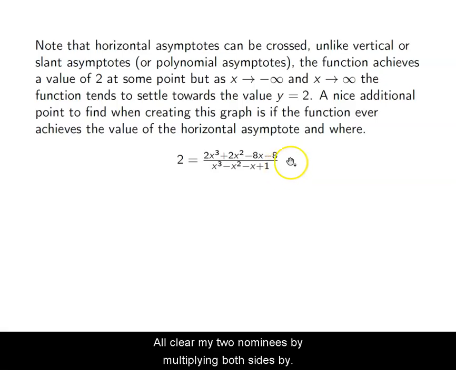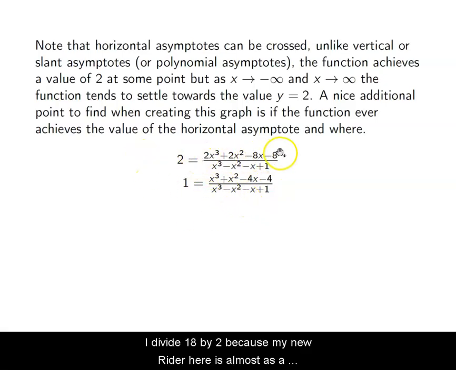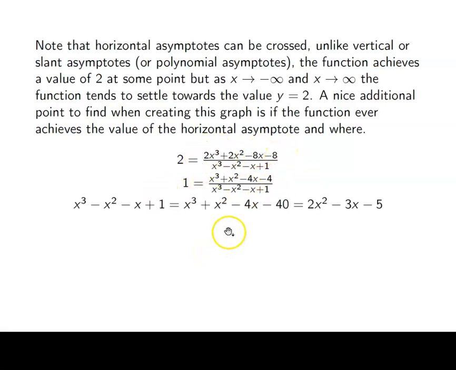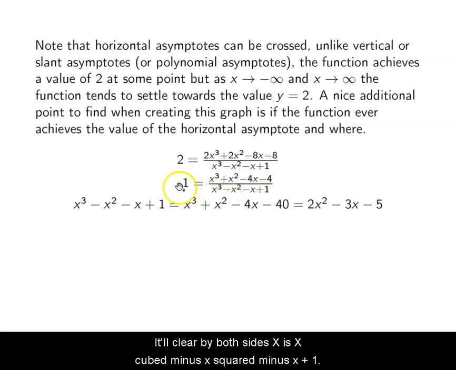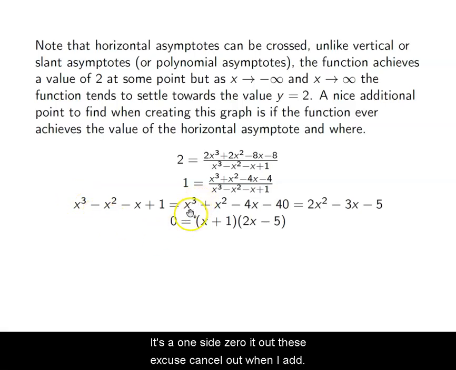I divided everything by 2 because my numerator here is all multiples of 2, so I could just divide the whole equation by 2. Then I'll clear out my denominator. So I'll multiply both sides times this x cubed minus x squared minus x plus 1. And then I'll just zero it out. I'll get everything on one side. Okay. And so once I zero it out, these x cubes cancel out.